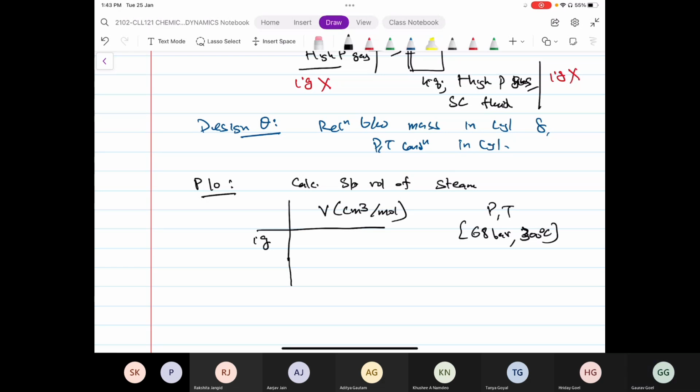Okay. So this is what you get from ideal gas. If you use the van der Waals equation of state, 6.03. Redlich-Kwong equation of state, 5.81.